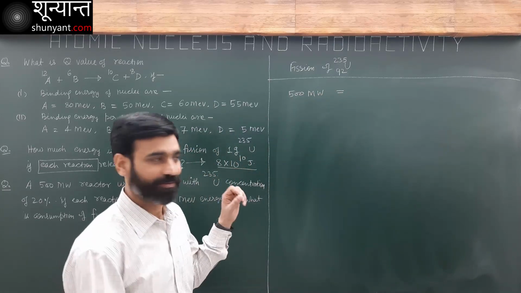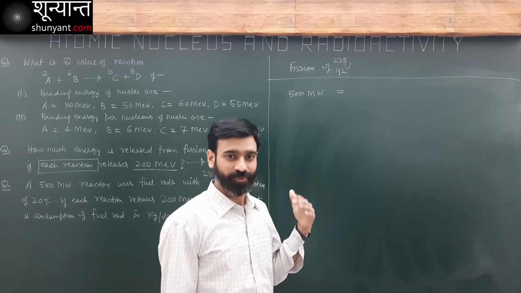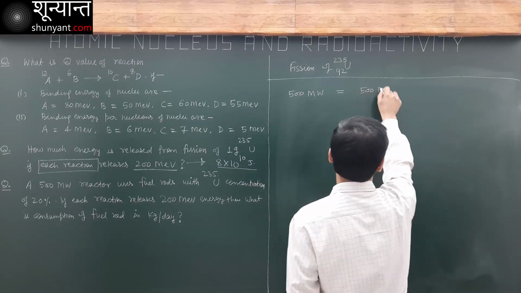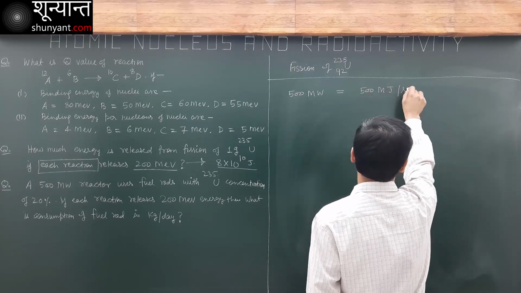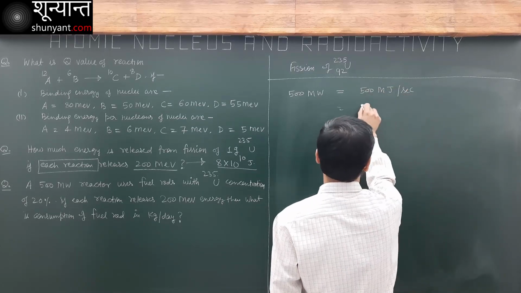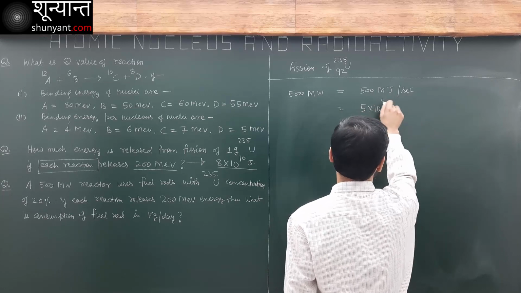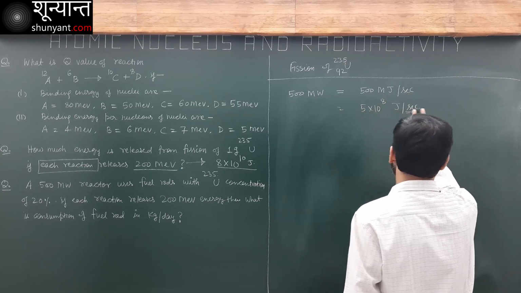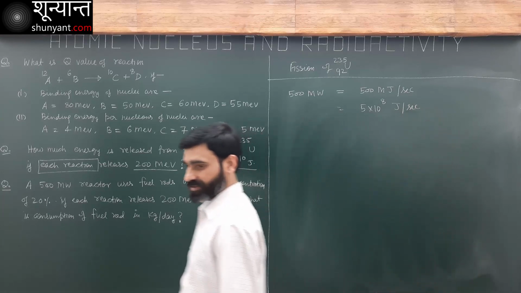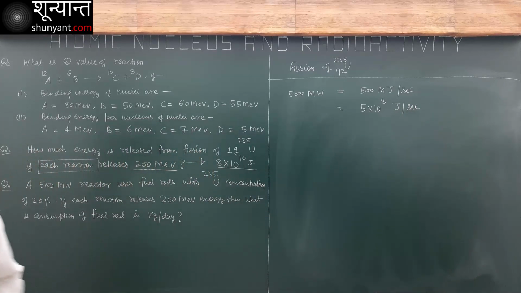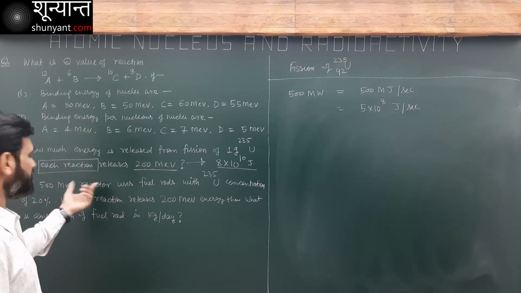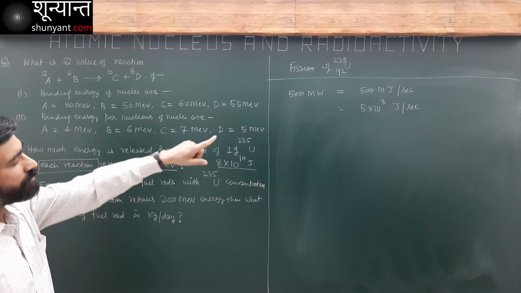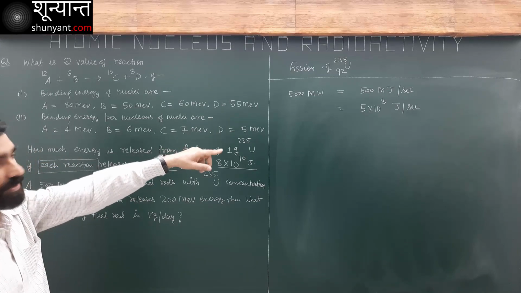If I ask you how much energy it is producing per second, it will be equal to 500 megajoule per second. This will be 5 times 10^8 joules per second. In 1 second, this nuclear reactor is producing this much energy.